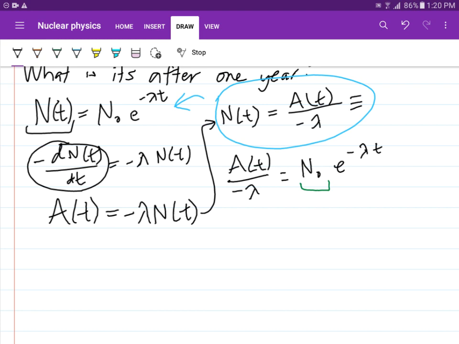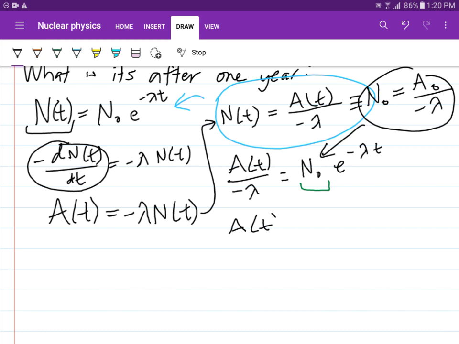So we can also say that N naught is equal to some initial activity over minus lambda. So we will replace N naught by this one. So we have A(t) over minus lambda equals A naught over minus lambda e to the minus lambda t.